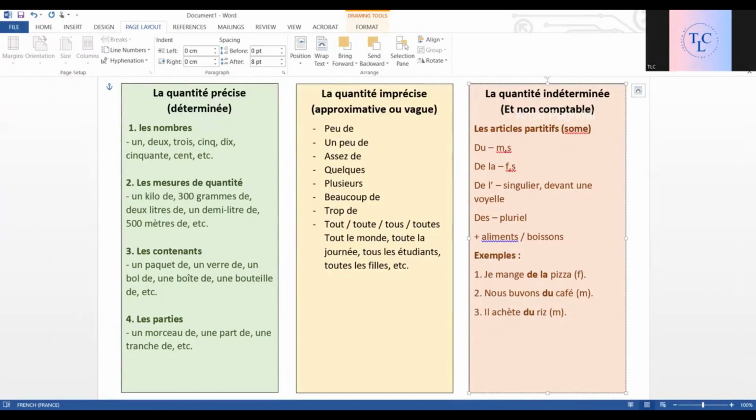Then we can have il prépare de la confiture. Okay, the jam. It can be a fruit jam, any jam. And confiture is feminine. So with préparer also we can use article partitif, de la confiture.